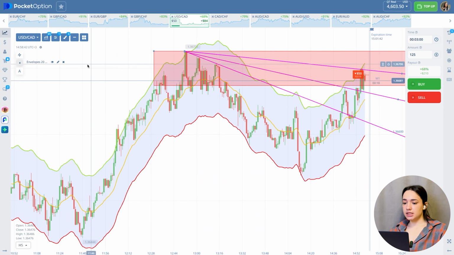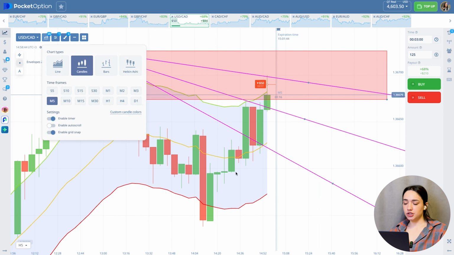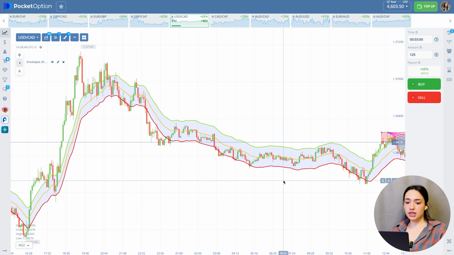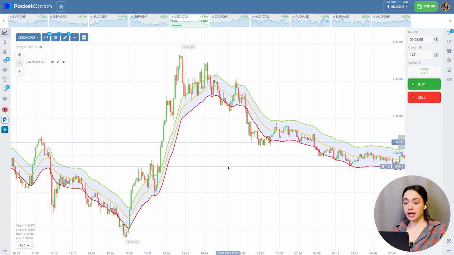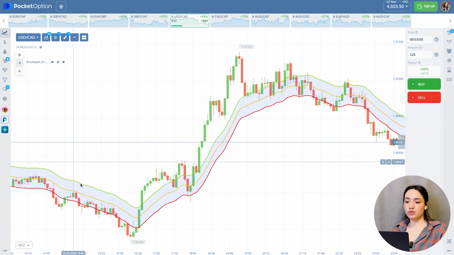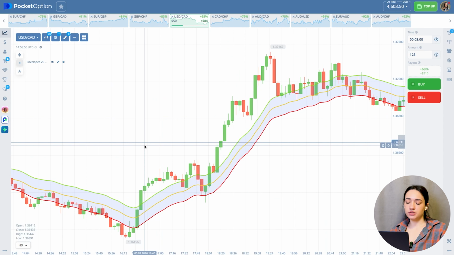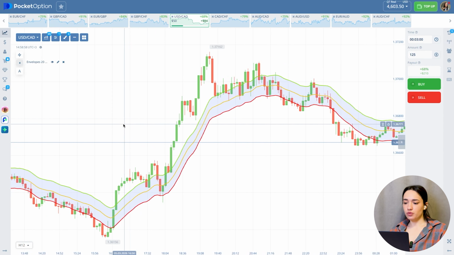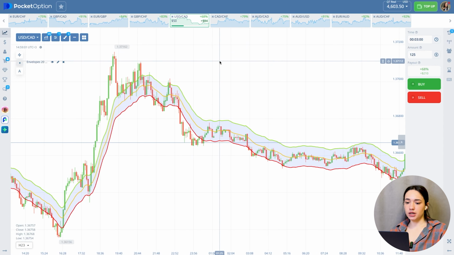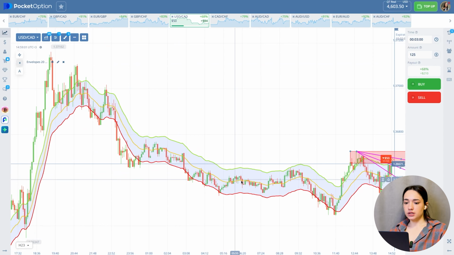And of course, I did not analyze this on a larger time frame, but overall, we see that this is an excellent entry point. I was not mistaken. And these kinds of impulses were recorded here, and after such strong movements on the pair, we see the trend moving downward.